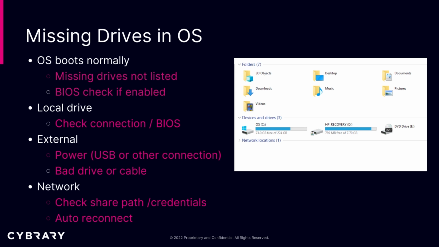If it's an external drive, make sure that the power connection is good, or it could be a bad cable or a bad drive. If the drive is local, meaning inside of the case, again, check BIOS, check the connection, make sure it's seated properly in its connection. If it's a network drive, check the network path to make sure that path is correct.